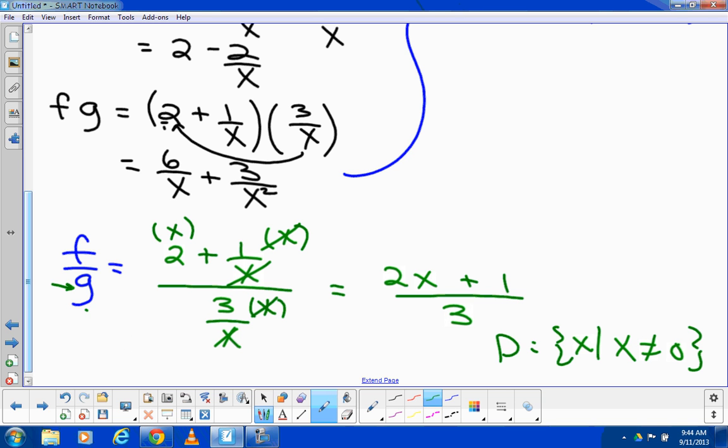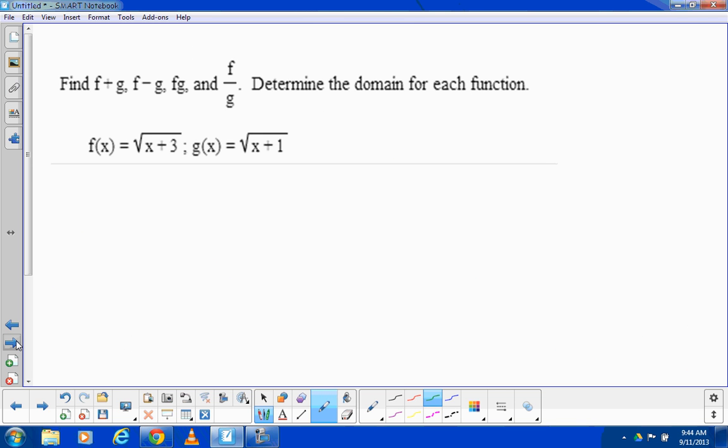Now, this one's going to be real fun. What's going to happen when we add and subtract? Nothing's really going to be significant. F plus G would just be the F one, X plus the square root of 3, plus the G one, square root of X plus 1.